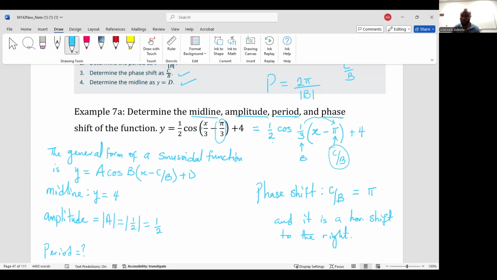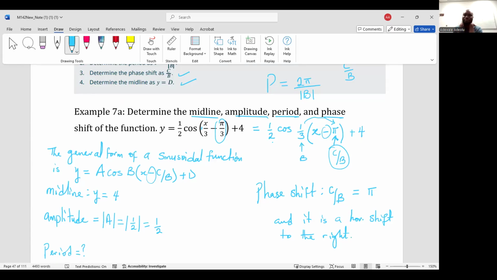Again, how do we know? Since this is just pi, this negative is in the general equation, so it means C over B itself is positive, so it is a shift to the right.